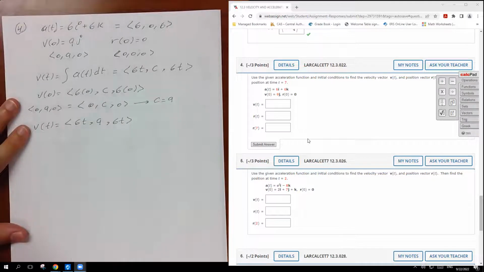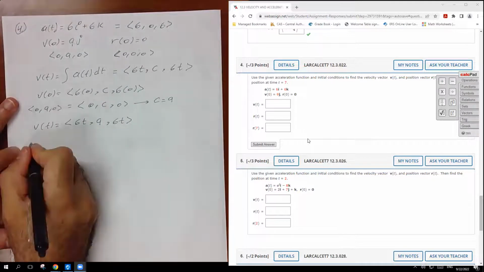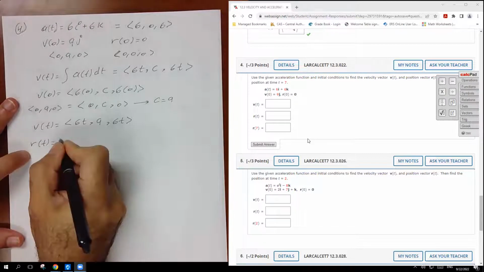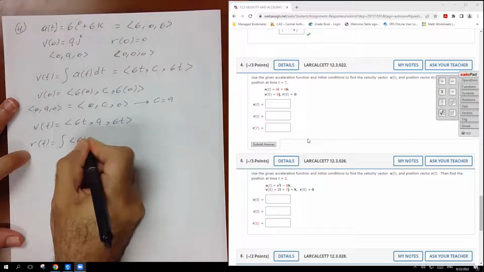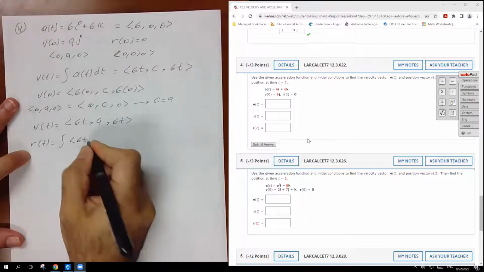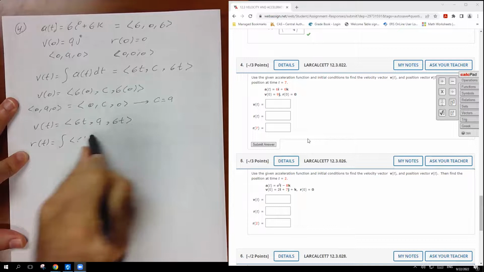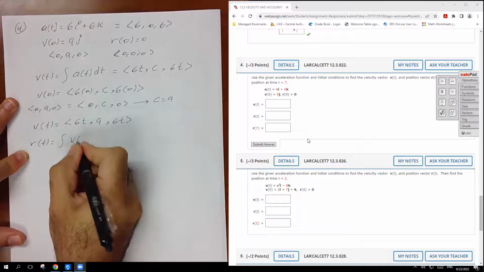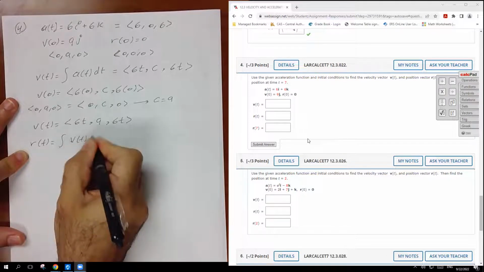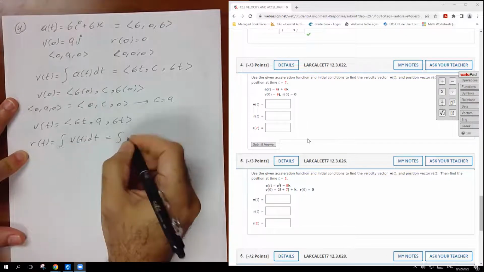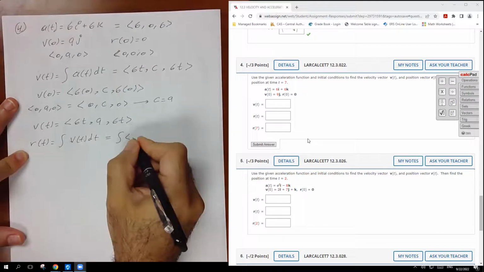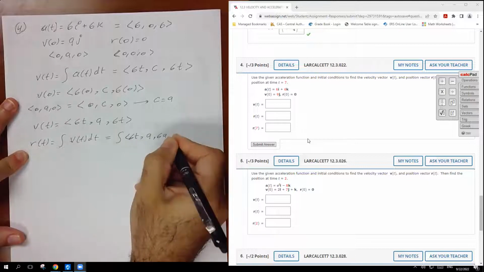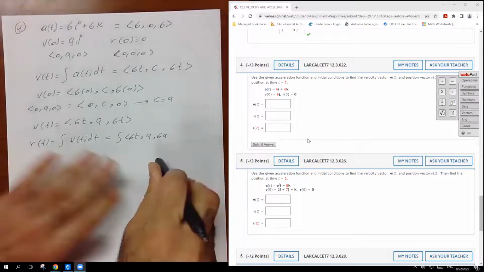Next step, I need to find the position vector. So the position vector is going to be the integral of the velocity with respect to the t dt, which means the integral of this vector 6t, 9, and 6t with respect to the t.